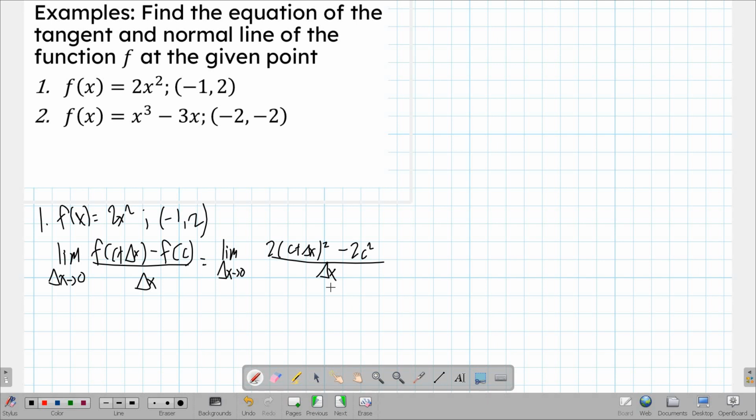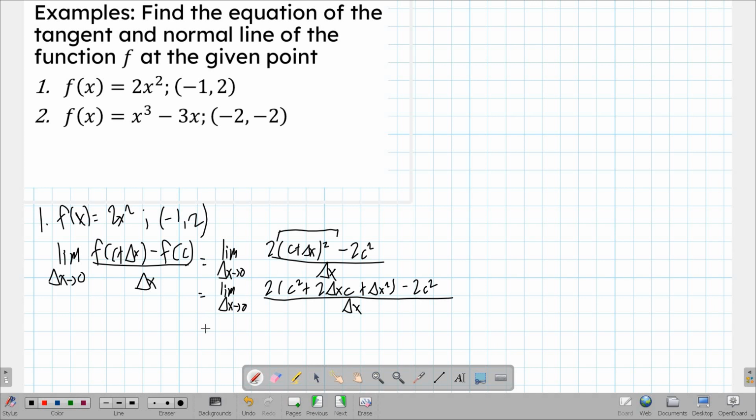And we need to first simplify the difference quotient here before we can find the limit. So therefore, we're going to have the limit as delta x approaches 0 of 2, then we expand this. This becomes c squared plus 2 delta x c plus delta x squared minus 2c squared all over delta x.